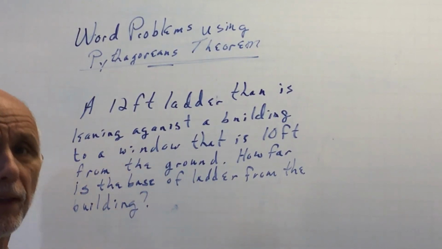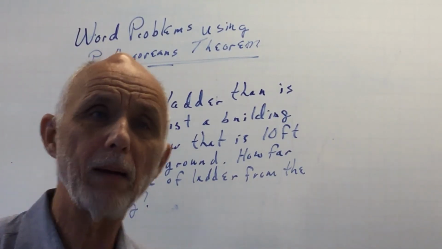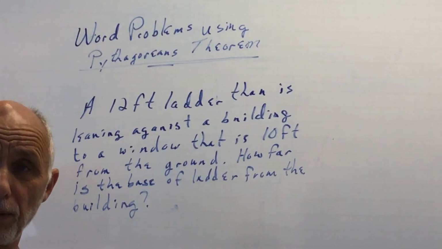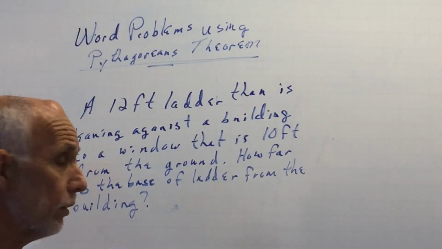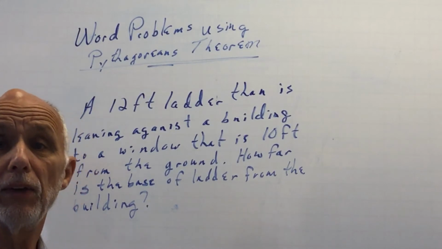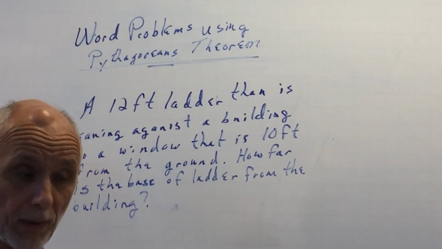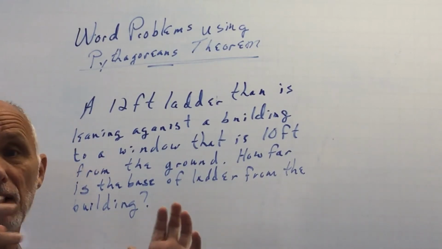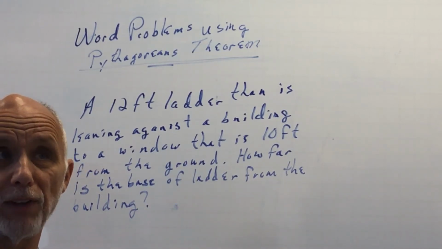Now again, if you read this, you must probably say to yourself, what on earth does this have to do with Pythagorean's theorem? All right, and the answer is you have to draw a picture. Remember in the very beginning when we first started word problems, I gave you lists of all kinds of different types of word problems and methods you need to find.